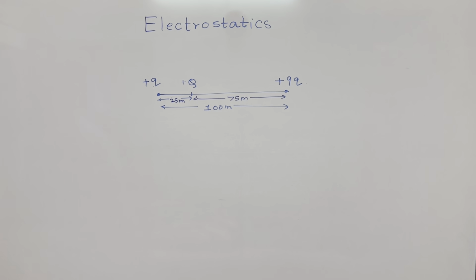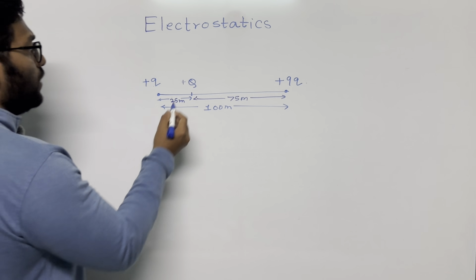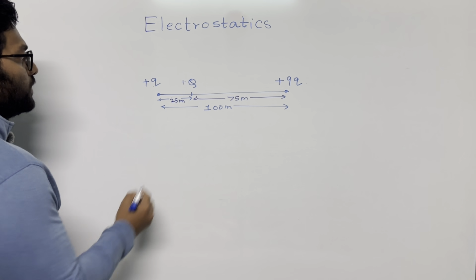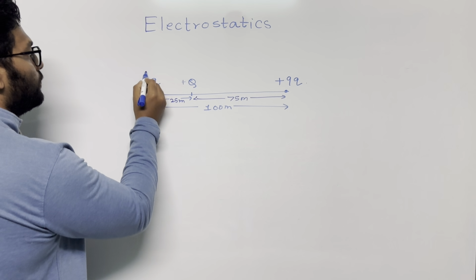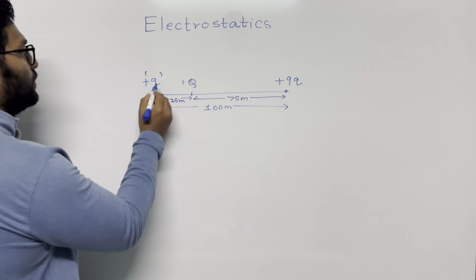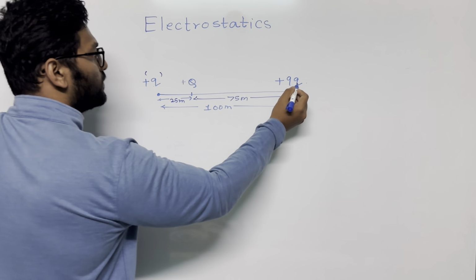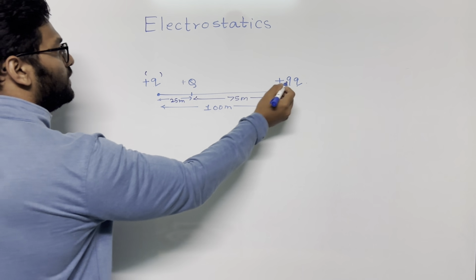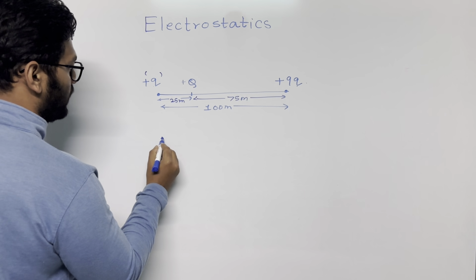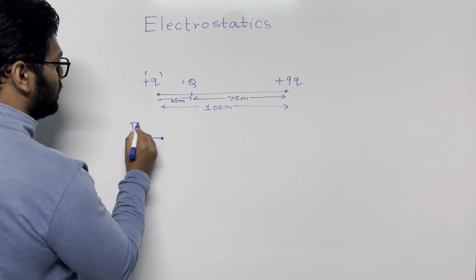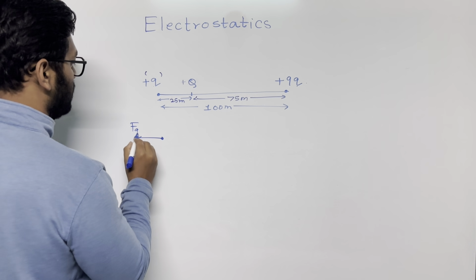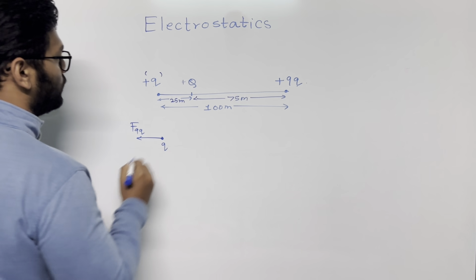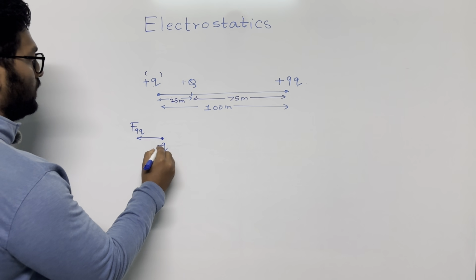What is the value of capital Q? Now what should be the sign of capital Q? If the net force on this is 0, then first of all this is plus, this is plus, so this will repel it in this direction. I will show the free body diagram. The force by 9q will be towards left on this plus q charge.